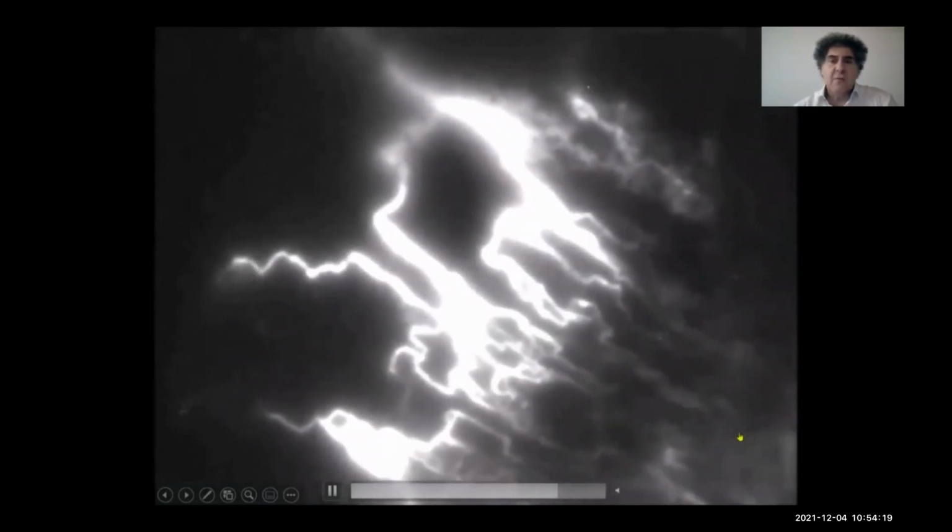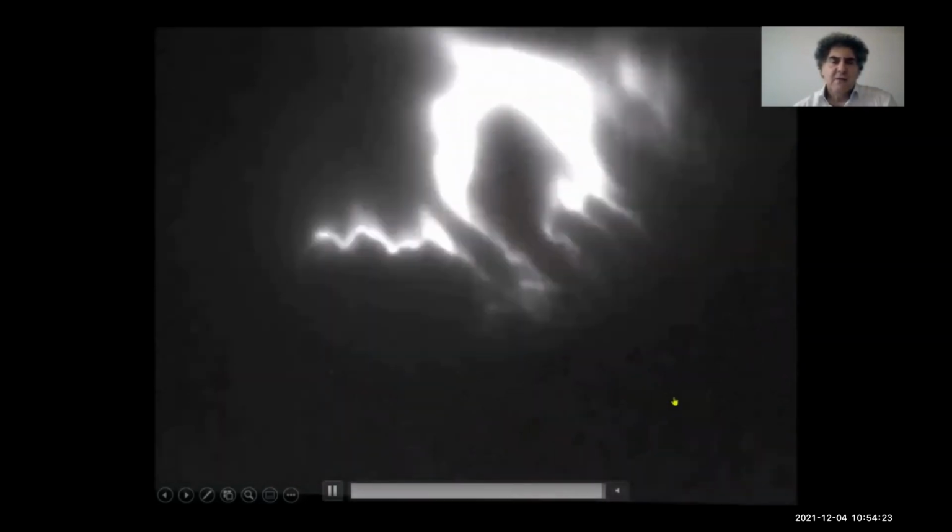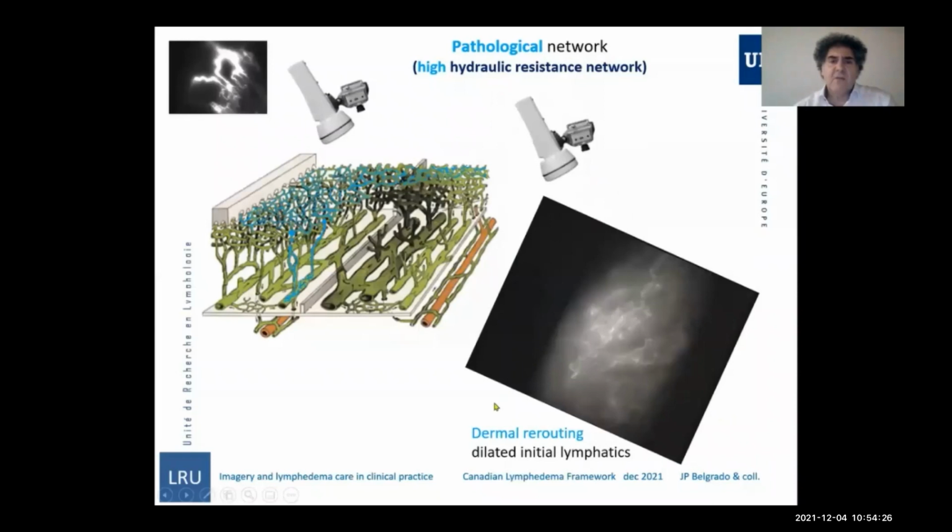So if you see the hand again, distal to proximal, we're at the forearm level in a person who has secondary lymphedema after breast cancer. There is a way to advance the lymph in their vessels, feed the lymphatic network up to the root of the limb, and observe the state of the patient's lymphatic network.